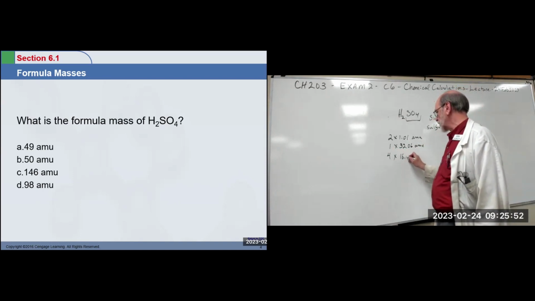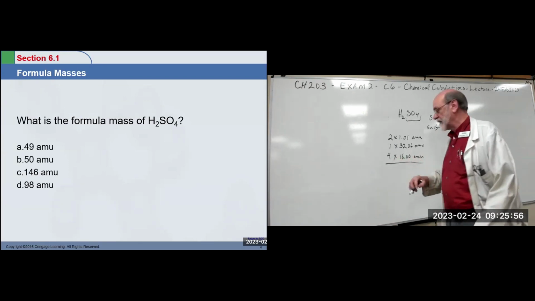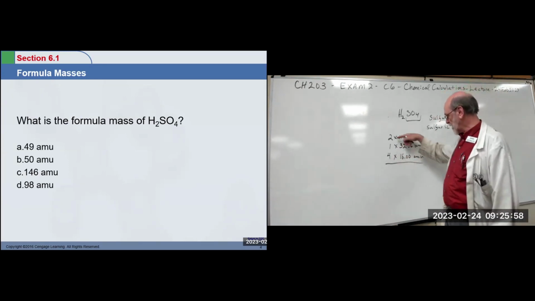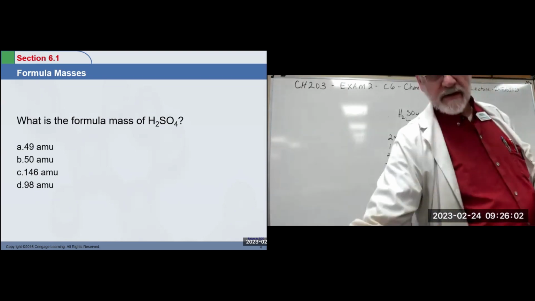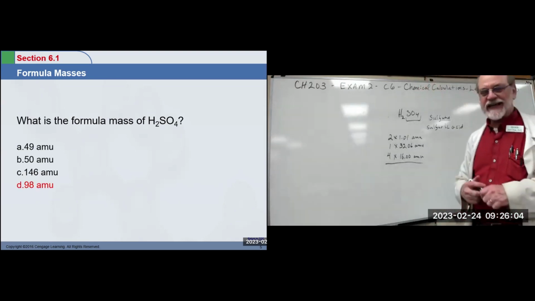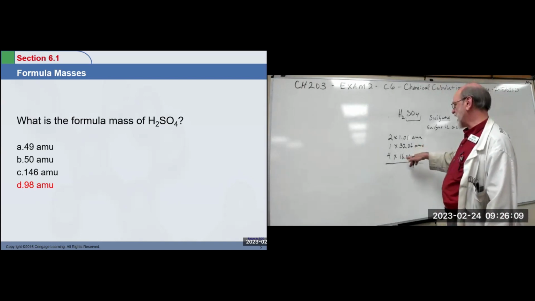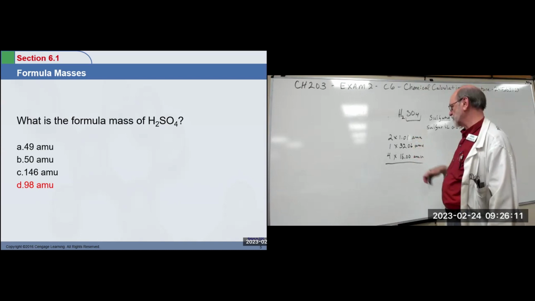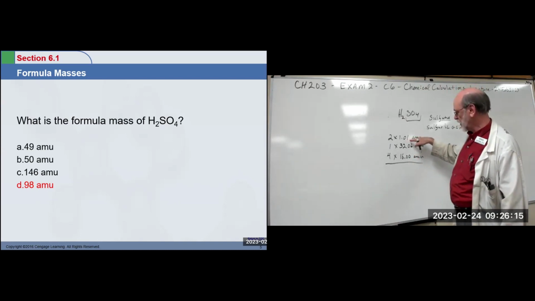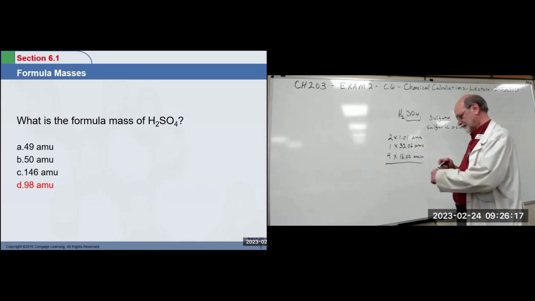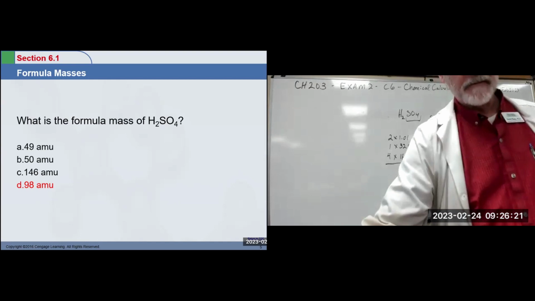And rounded to 2 decimal places is 16. Okay, so you just multiply, multiply, multiply, and add. And you should end up with something in the neighborhood of 98. Let's see. Won't be exactly 98 the way I've got it listed here, because we've got these 0.01 and 0.06, but it'll be close.